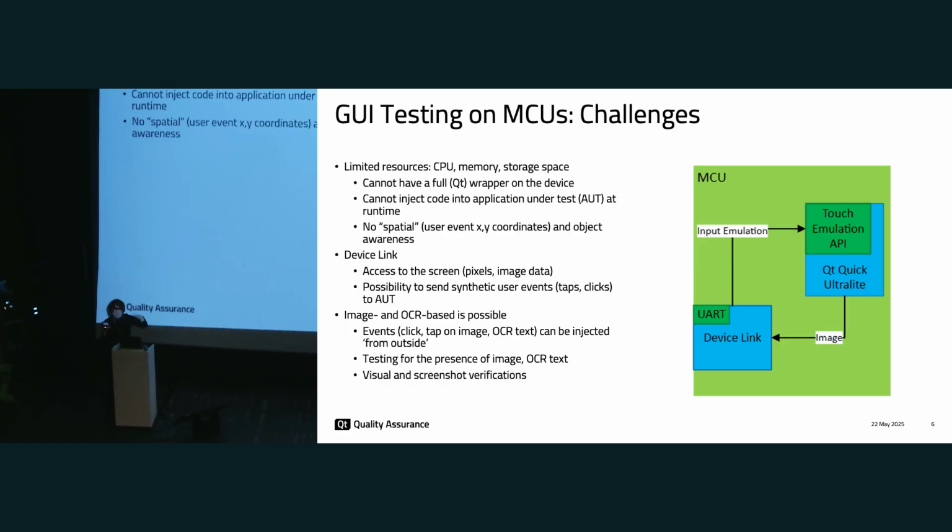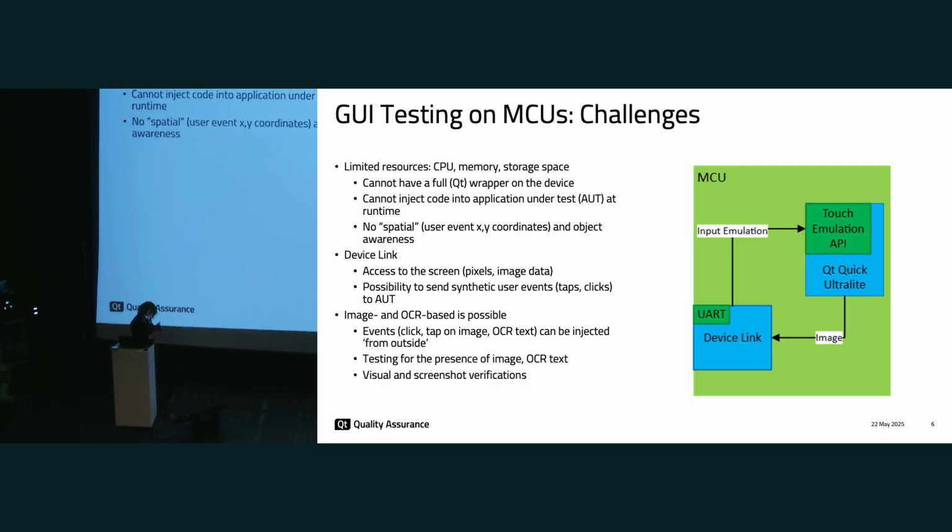So we don't have spatial awareness, like the X and Y coordinates of the user event that just happened. And also we don't have object awareness, because for all of that we would need either the wrapper or the built-in hook that can get us all the data about the object tree and about the object properties from the application.